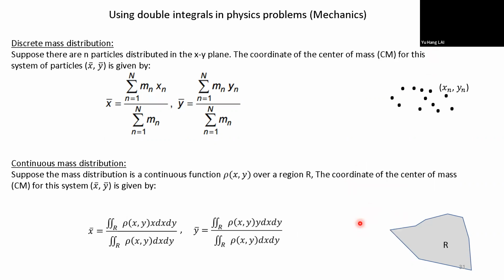From your mechanics class, I believe you have learned the concept of center of mass. Let's make it simple. Instead of considering a 3-dimensional space, let's consider just particles, all in the 2-dimensional XY plane. Suppose I have n particles distributed in this XY plane.